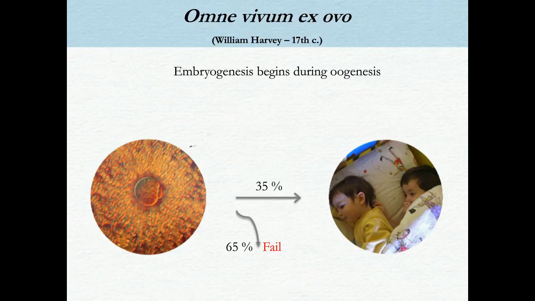Here you see a mouse ovulated oocyte surrounded by layers of companion cumulus cells which nourish the oocyte during its growth within the ovary.